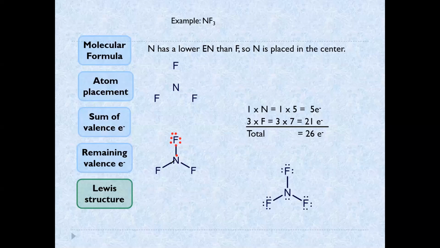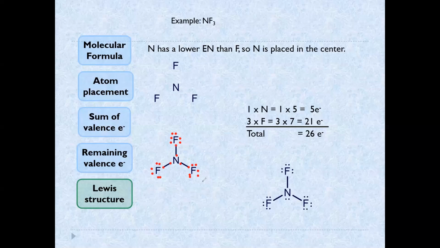The other fluorine, 1, 2, these are the bonded ones, 3, 4, 5, 6, 7, 8. So this is another octet. Let's add this other fluorine, 1, 2, 3, 4, 5, 6, 7, 8. So all our terminal atoms are now happy because they are octets.